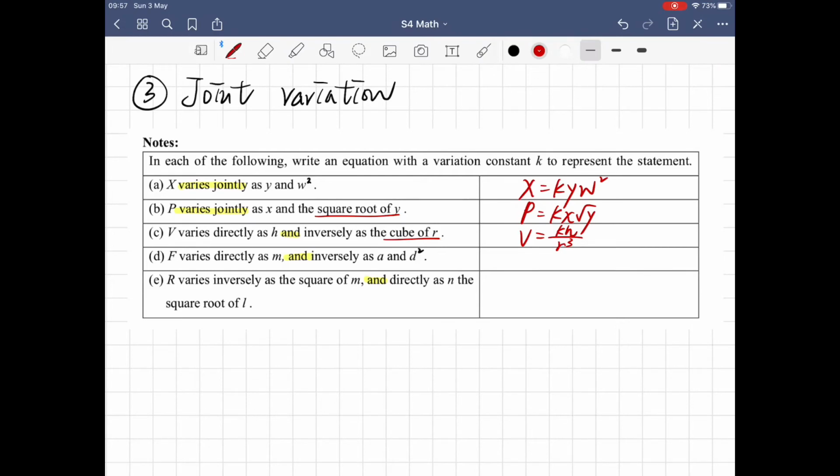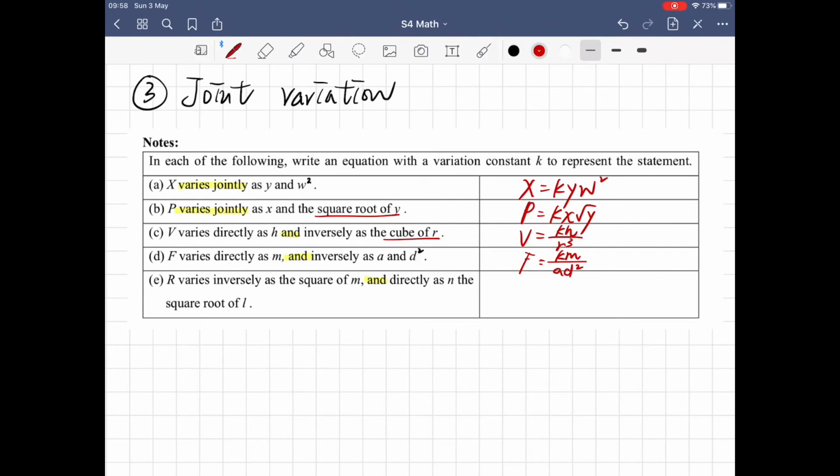And then part D, f varies directly as m. That means we have f equals k m. And next we have inversely as a and d squared. So for a and d squared, we have to put it in the denominator.